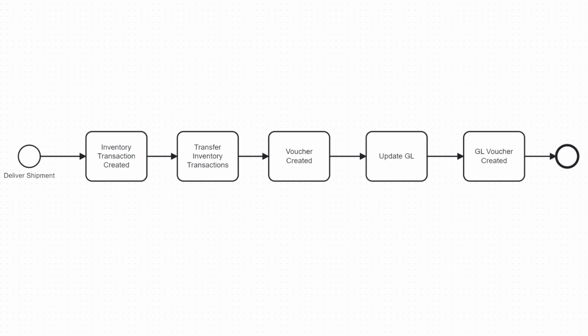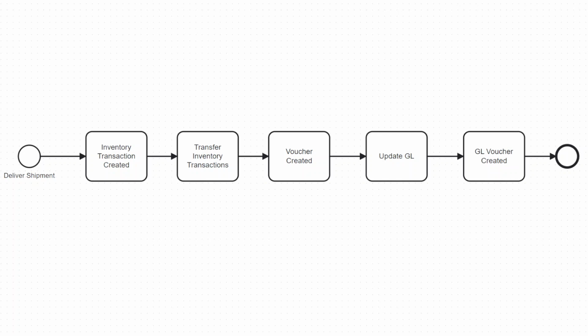So today we will start with delivering a shipment, and then we will have the so-called inventory transaction created, and it will also have some financial postings. We will have a look at the system logic to derive those financial postings. And then we will execute a job to transfer inventory transactions into finance. At this stage we are still in the manufacturing and supply chain subledger, if you will.